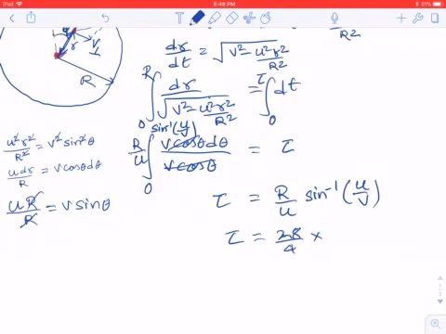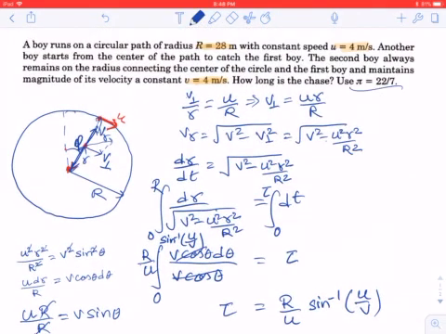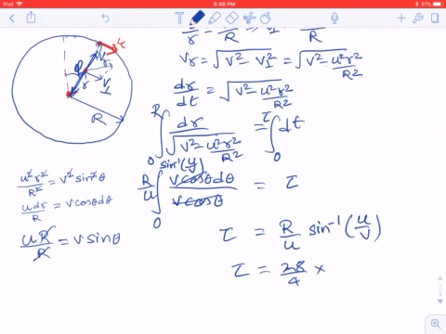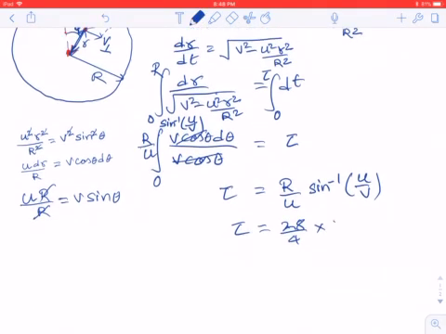Now we have been given to use pi equal to 22 by 7. So pi by 2 divided by 2, so we get 11 seconds.